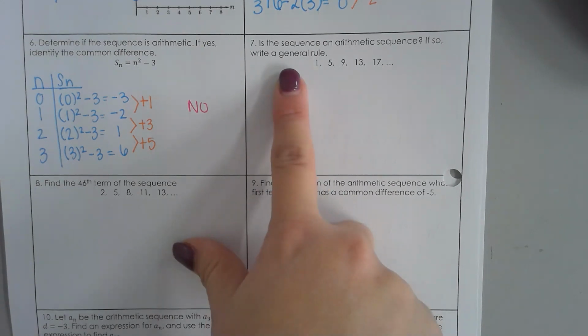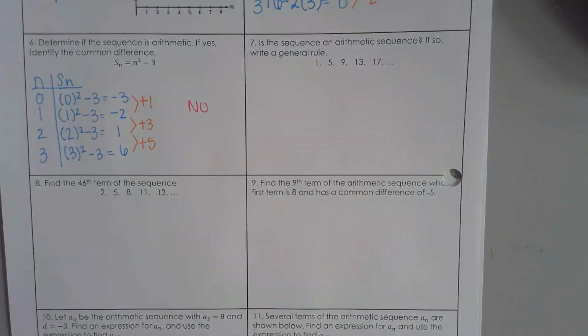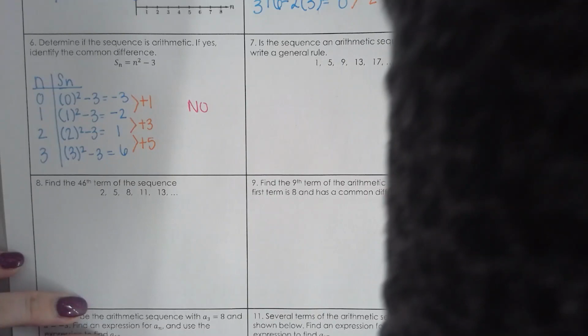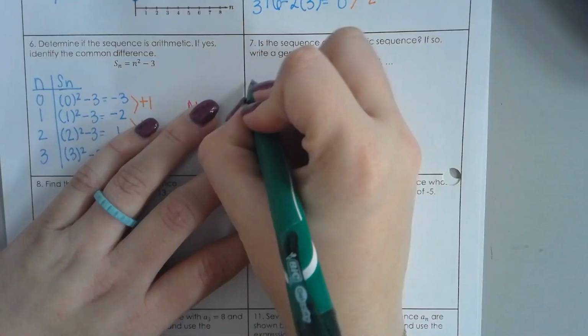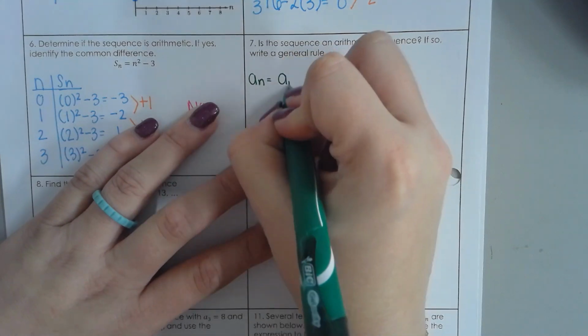Four, I'll be at -3. So you can write a n equals a1 plus d.